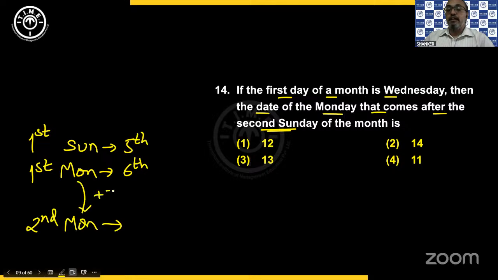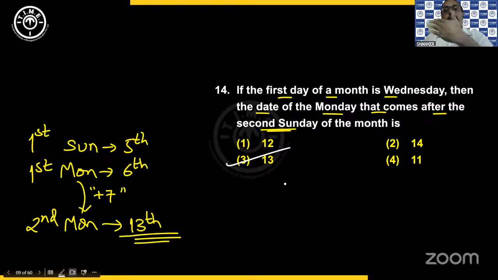You add 7 more days to it. Correct? So that will be 13. And that is what we can pick as our answer. Third option. That's all. Identify the first Monday, then you will get one week, you'll get another Monday. Are you following this? Okay.